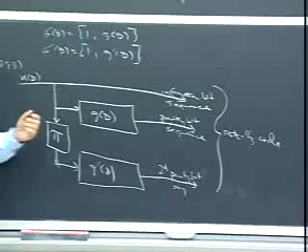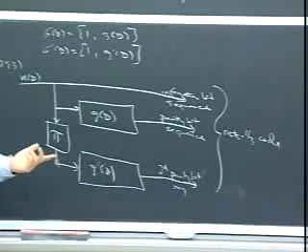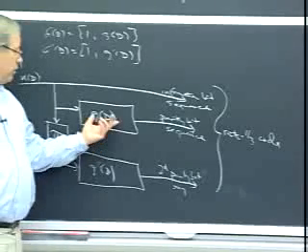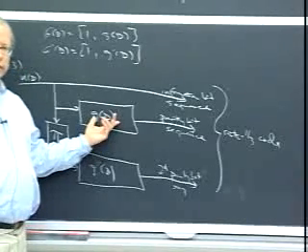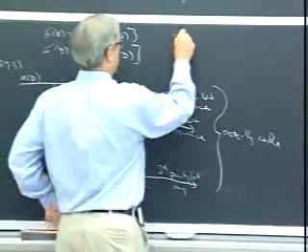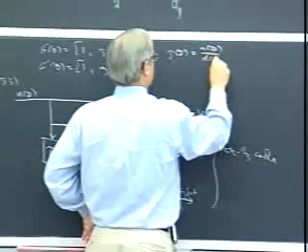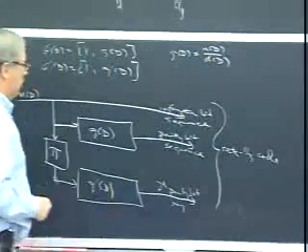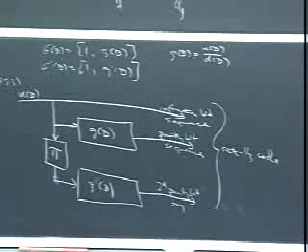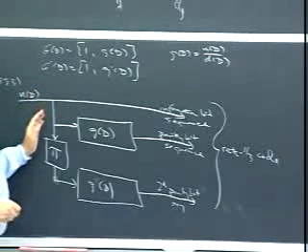The interesting thing is that these codes don't need to be very complicated. One thing they realized is they do want this to be a recursive code. In other words, G of D should look like N of D over D of D. One particular purpose of that is that a single information bit will ring forever.